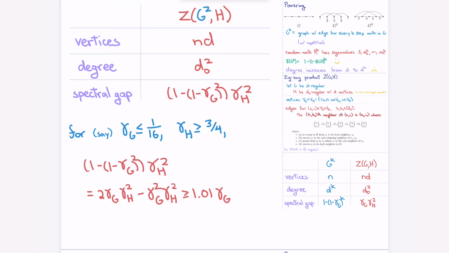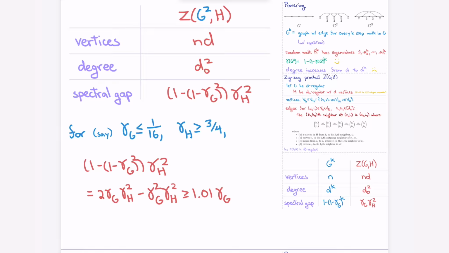So every 100 times you double, if it's 1.01. After log n times, it's up to at least 1/16, and you're done. It'll grow even faster at the very beginning when gamma G is very, very small. So you only have to do this log n times.